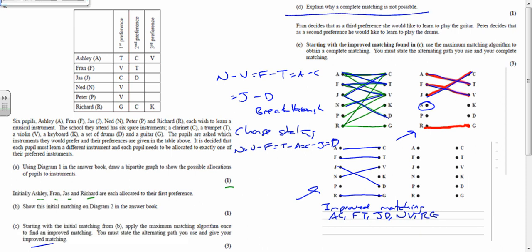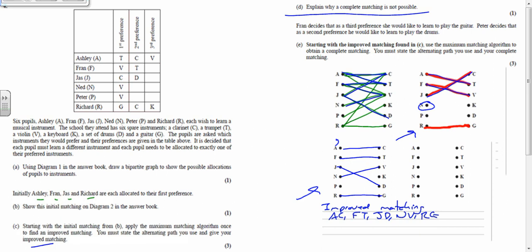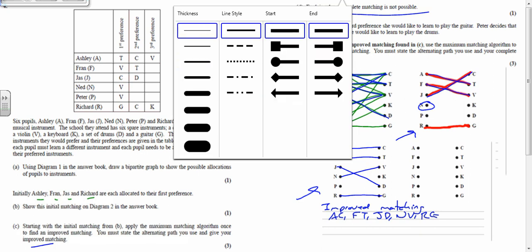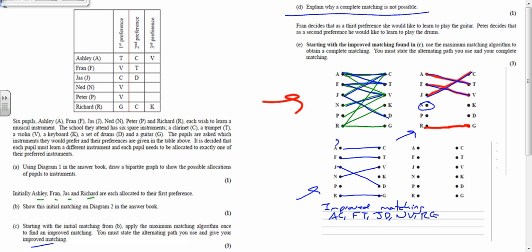Question D, and this is quite common, even though it's only come up once in the past 3 years. Explain why complete matching is not possible. Now, if we have a look at our initial matching, which is the top left diagram here, what we're looking for is either one vertex on the left or one vertex on the right, which can only be done by 2. So if we have a look at K and G, K and G can only be done by R. You need to say that K and G can only be done by R or Richard.